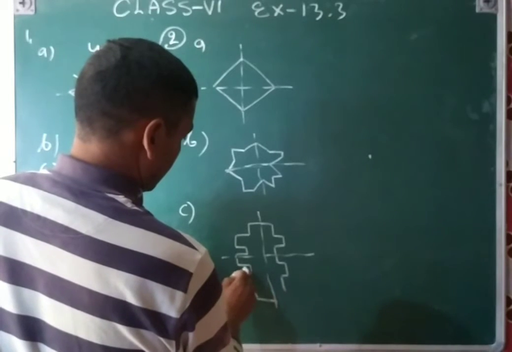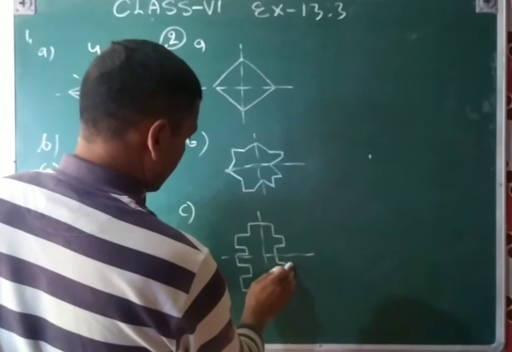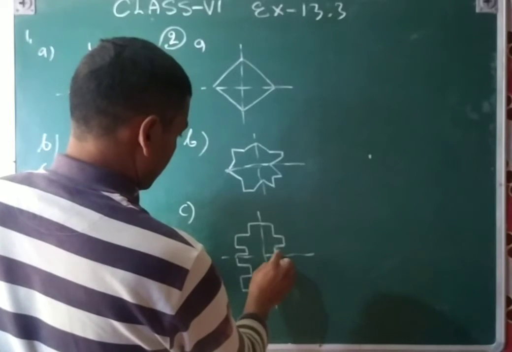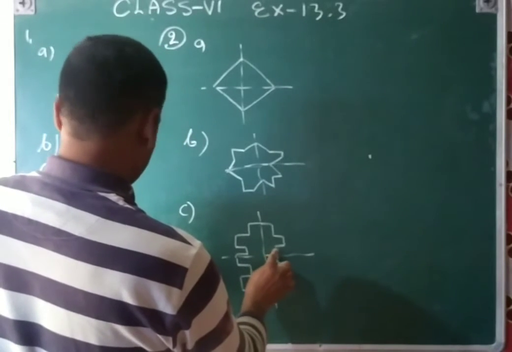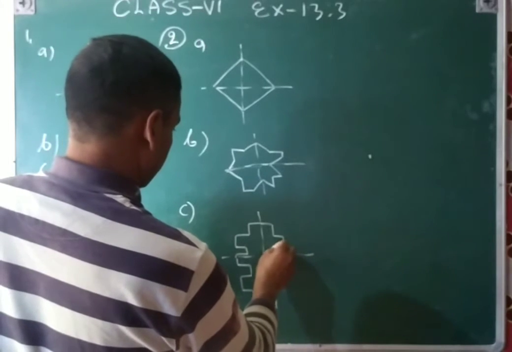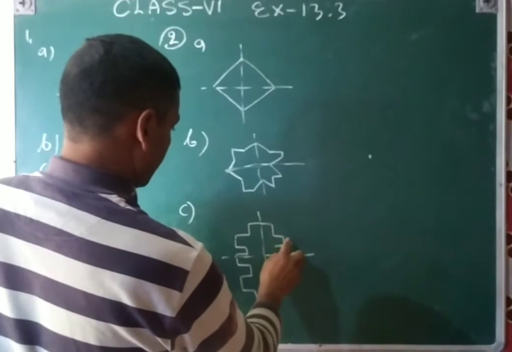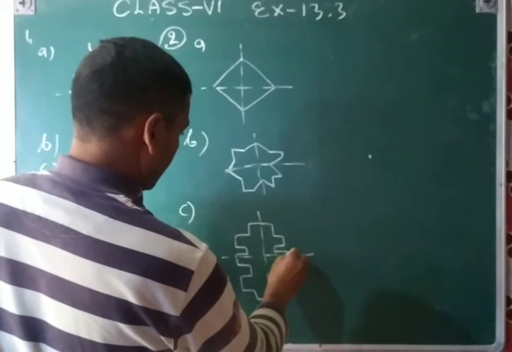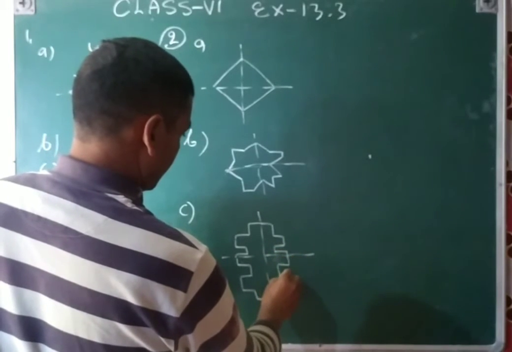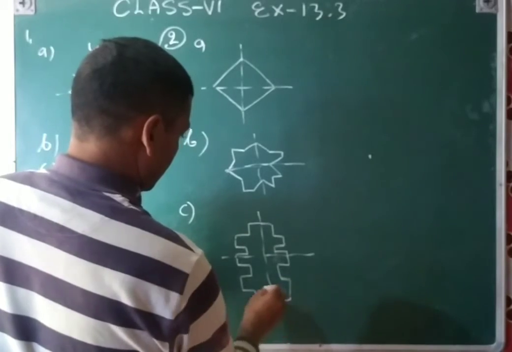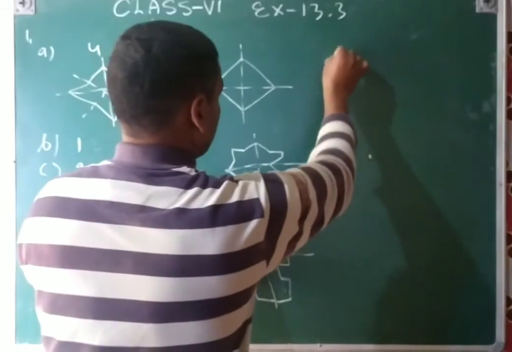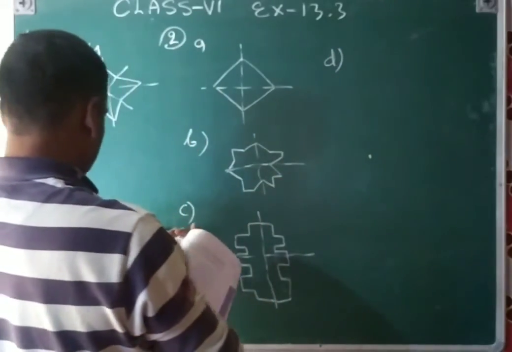Just wait. This one will come inside, this will go that side. This one, and then this one. So this will be this one, will be like this. D part will also be the same.